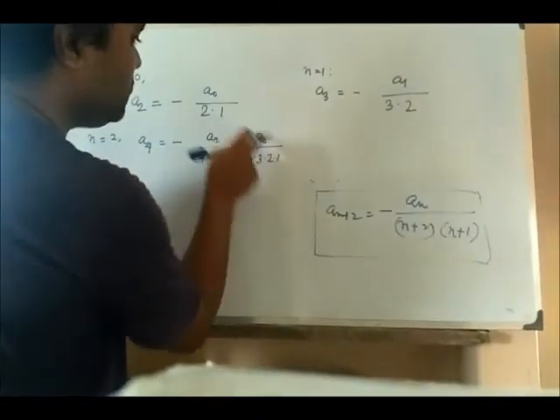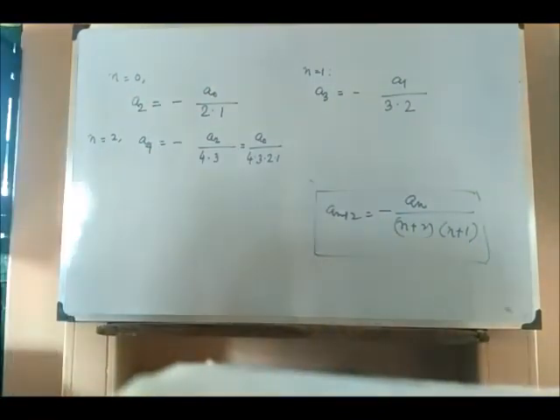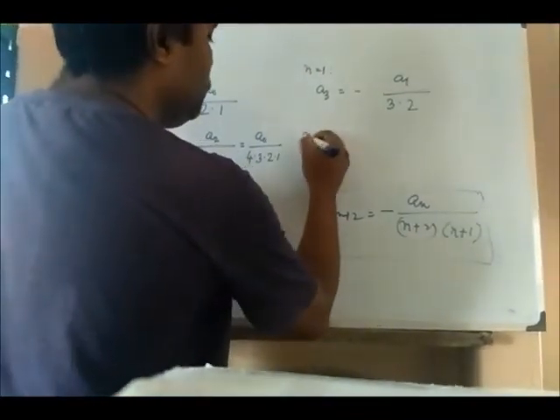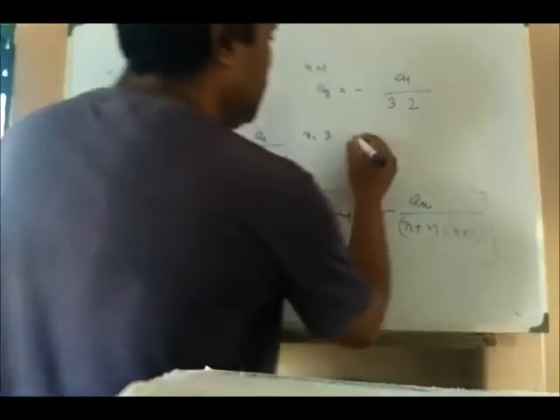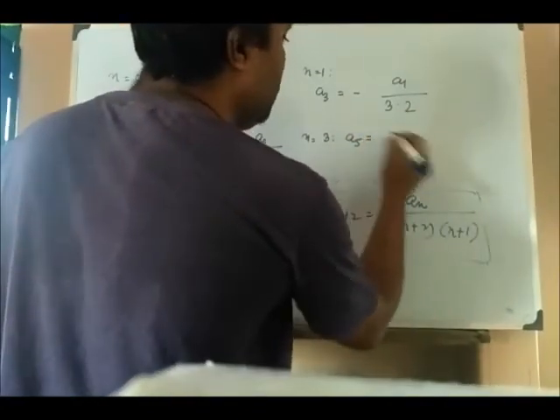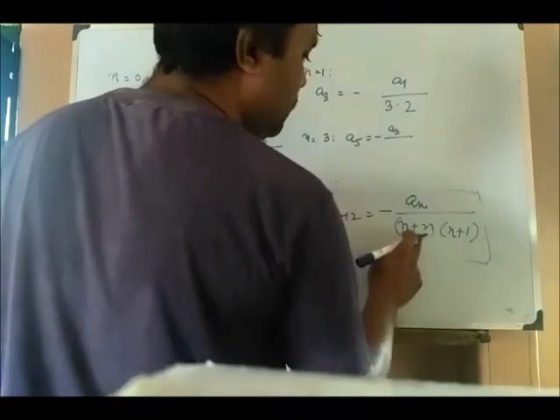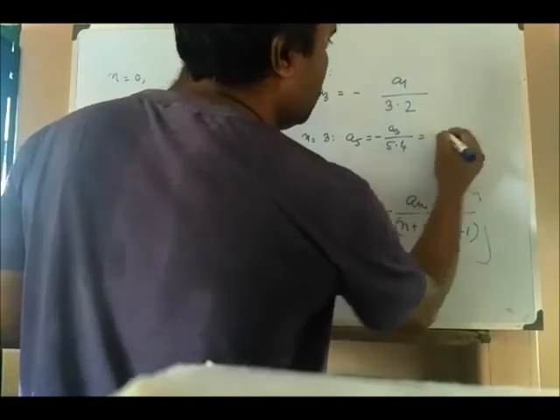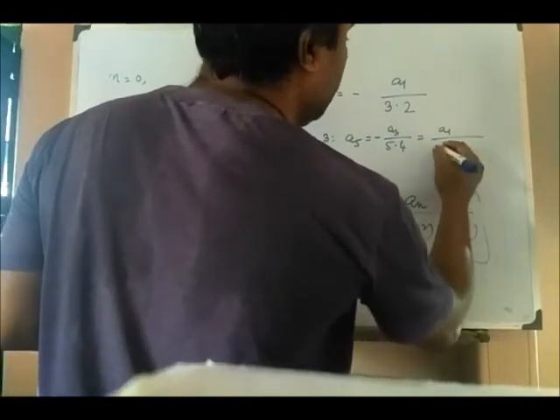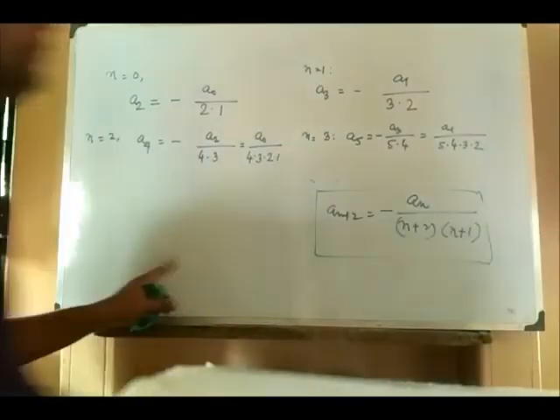We replace a_2 from the earlier point to this point, so you get this term. Now if you put n equal to 3, you get a_5, which will be minus a_3 divided by 5 into 4, so this will be a_1 divided by 5, 4, 3, 2.